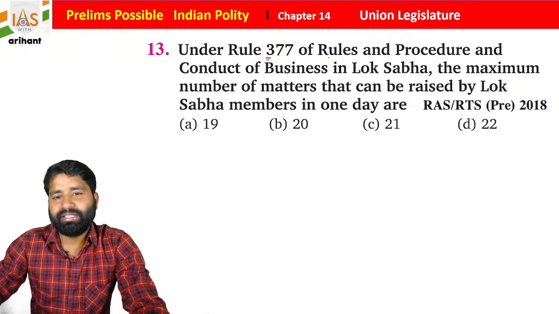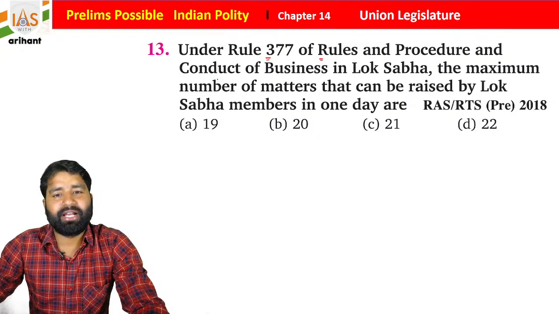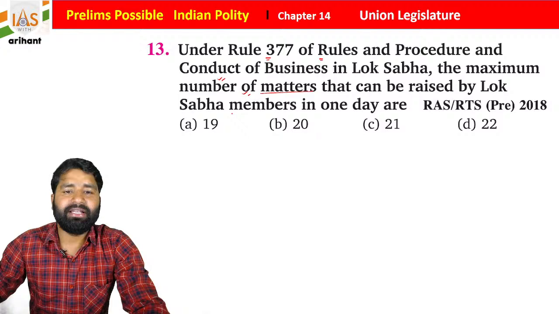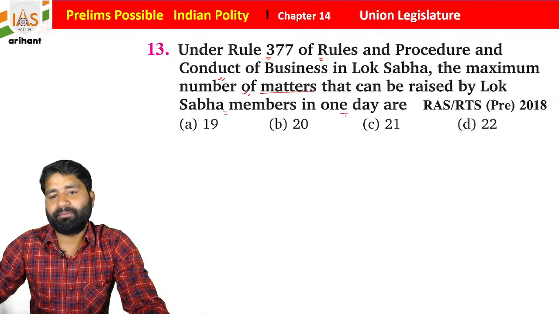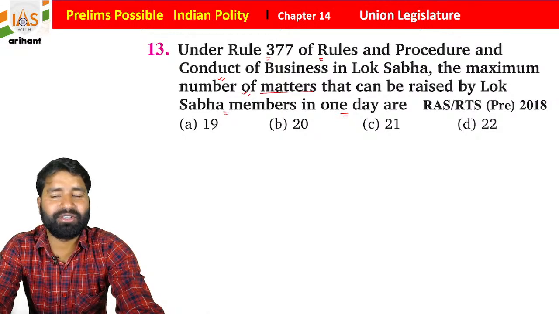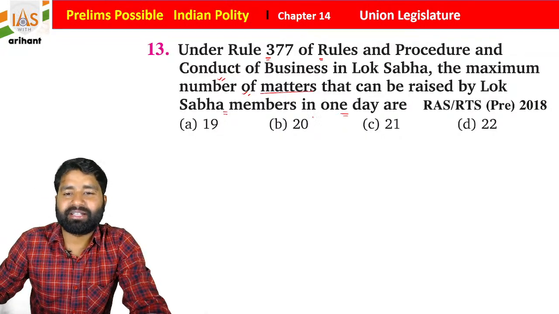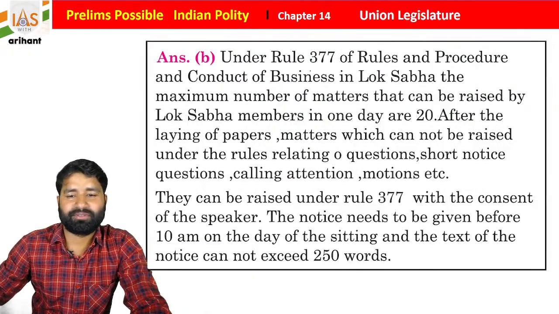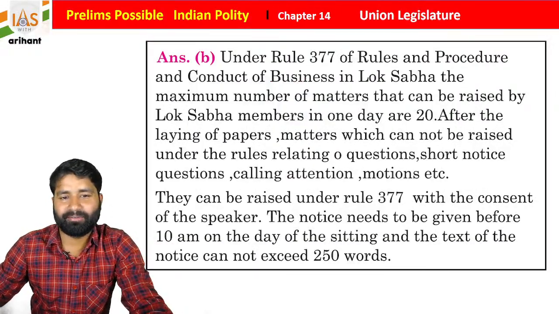So under Rule 377 of the Rules of Procedure and Conduct of Business in Lok Sabha, what is the maximum number of matters that can be raised by a Lok Sabha member in one day? It is 19, 20, 21 or 22. It is under Rule 377. It is just direct data. It can be maximum 20 in one day, students, but it can be more than that also.